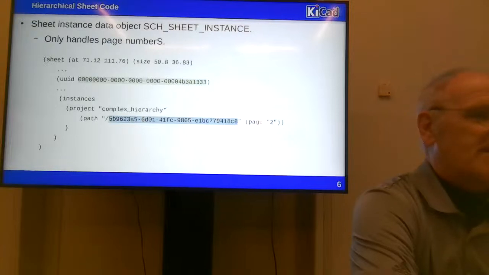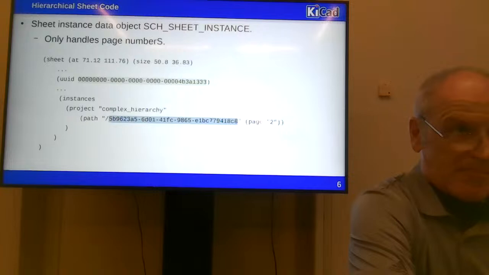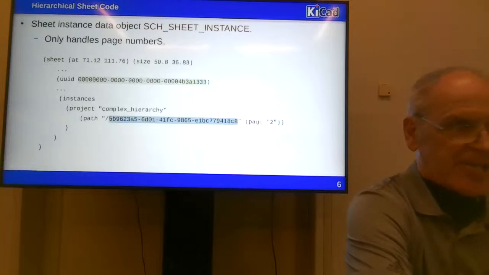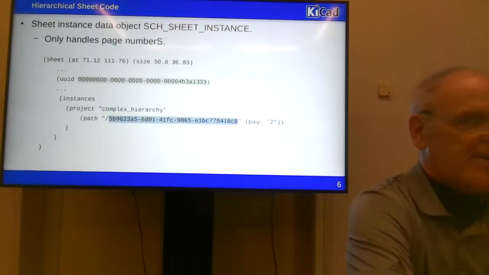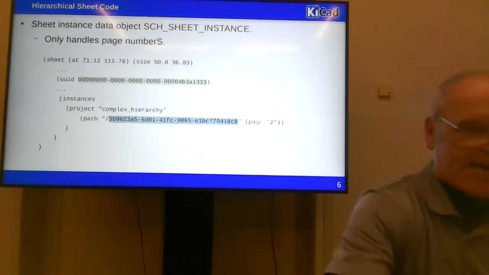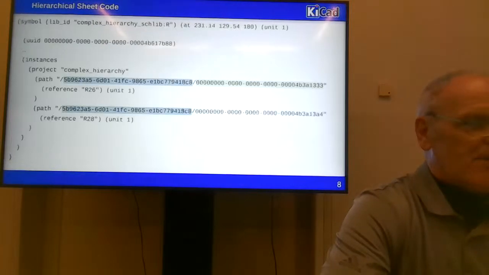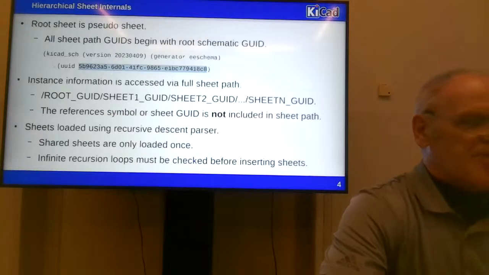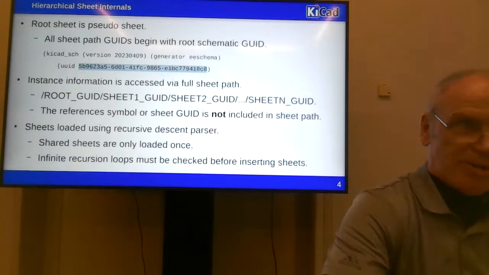Path is actually a KIID path that we generated from the schematic sheet path that I mentioned earlier. And then here, page 2, that's the page number of that particular sheet, right? So that's the instance data for the sheet. So if you go back here and look in my earlier example, you'll see that the UUID is the root sheet UUID.